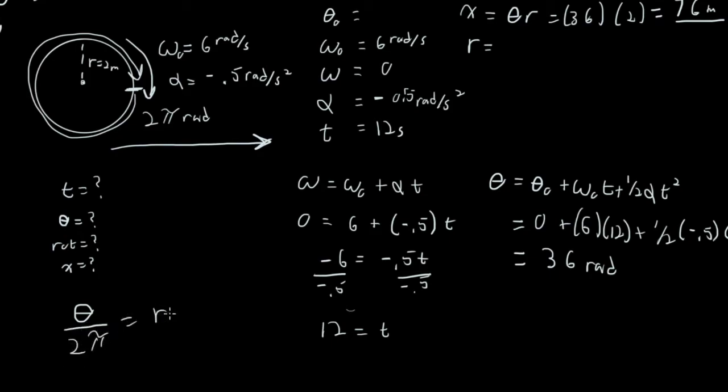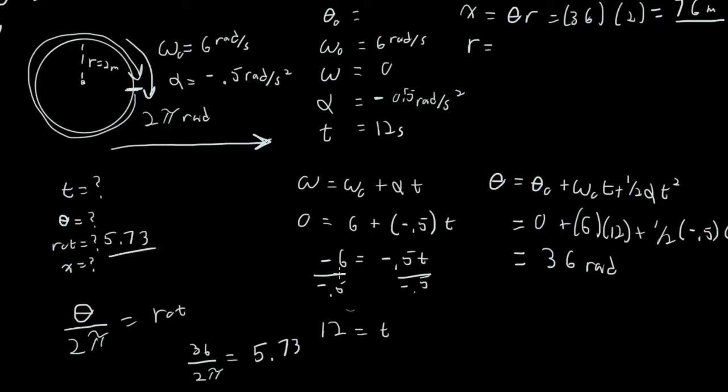That will give me my rotations. So I'm just going to take my 36 radians that I traveled, divided by 2 pi, and that will give me my number of rotations. When I calculate that, I get 5.73 rotations. There we go. We found everything.